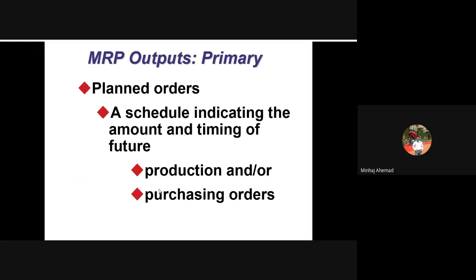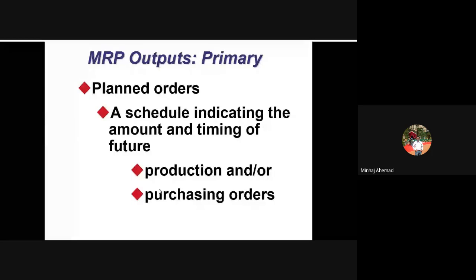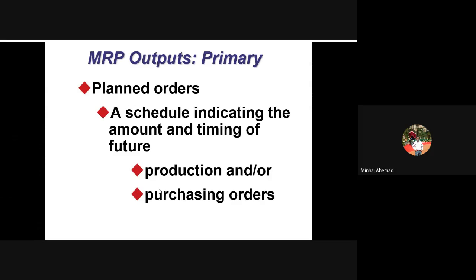Then there are MRP outputs. We have seen the figure. The MRP output, let us see the primary output. It is a planned order, a schedule indicating the amount and timing of future production or purchase orders.